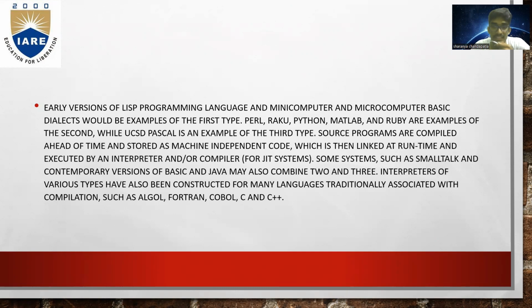For JIT systems, some systems, such as Smalltalk and contemporary versions of Basic and Java, may also combine 2 and 3. Interpreters of various types have also been constructed for many languages traditionally associated with compilation, such as ALGOL, Fortran, COBOL, C, and C++.